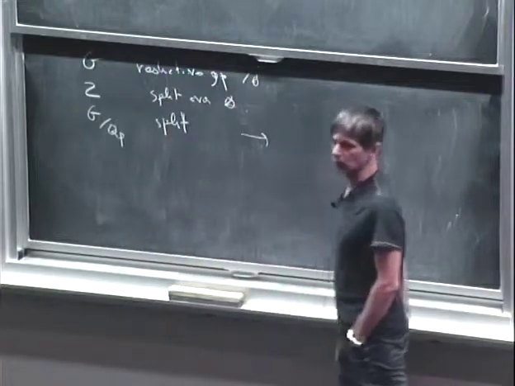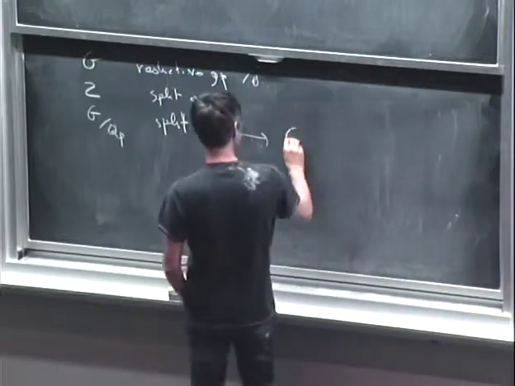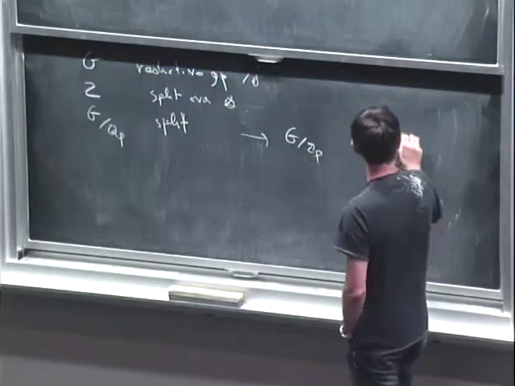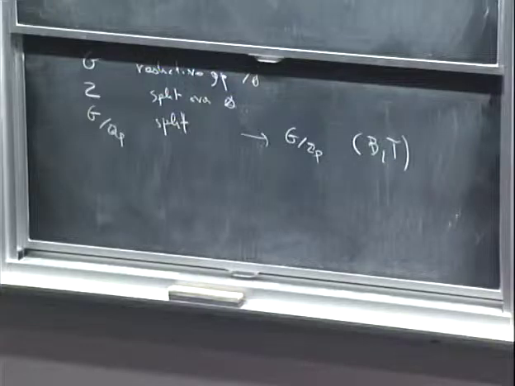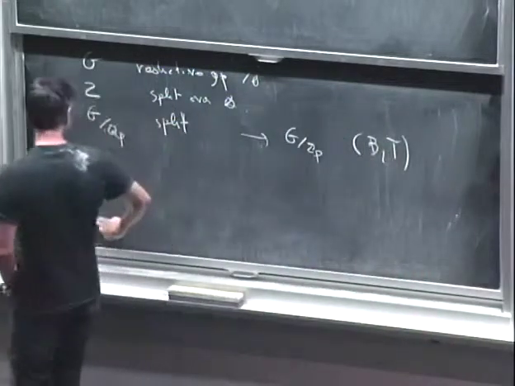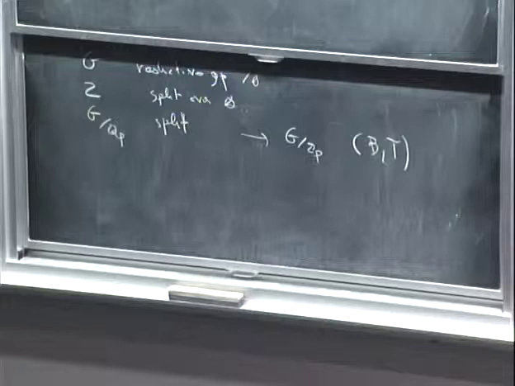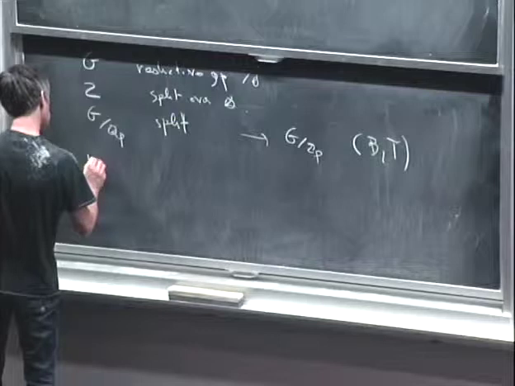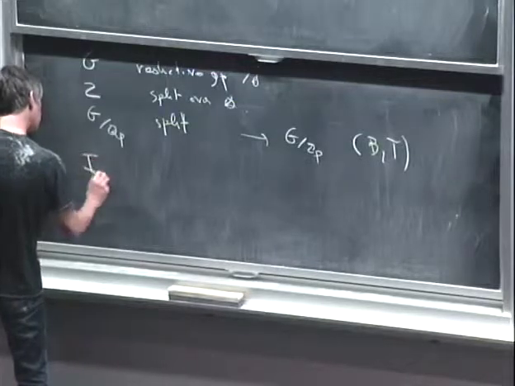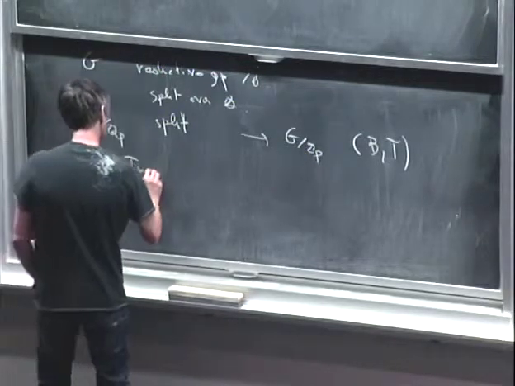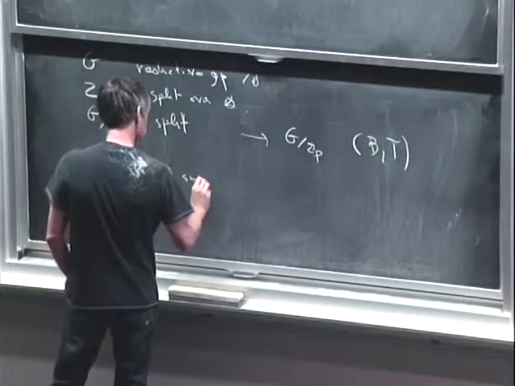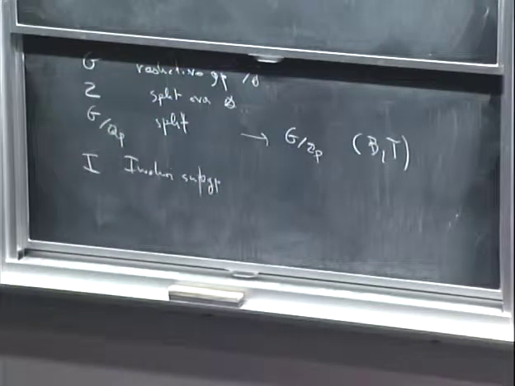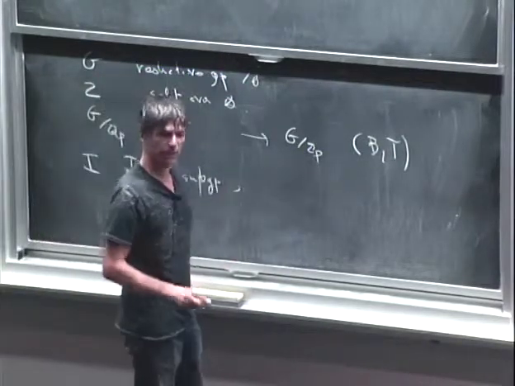And then I will define a Chevalley model over Z_p, and then I define a Borel pair. I'm going to call I the Iwahori subgroup attached to this pair.